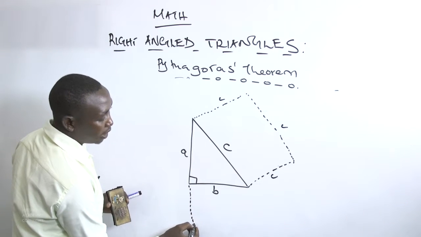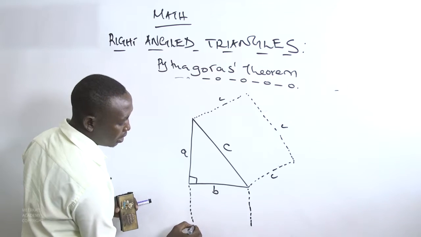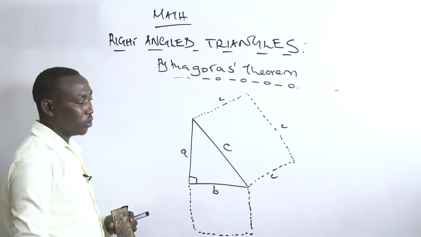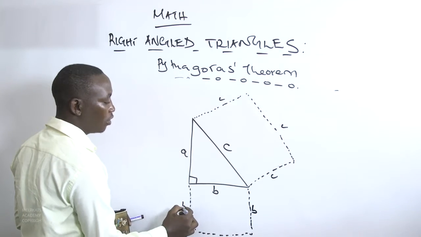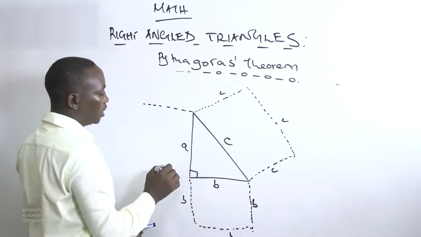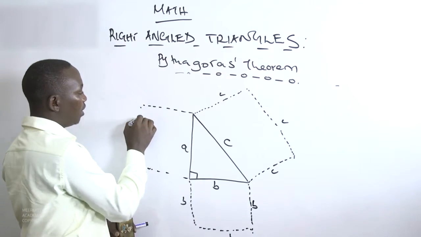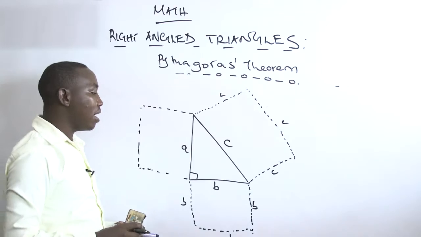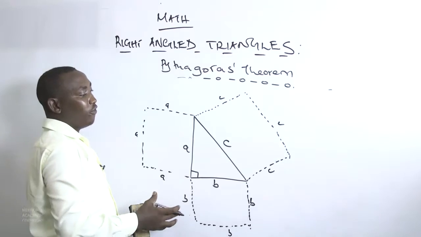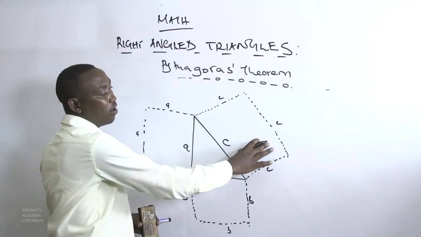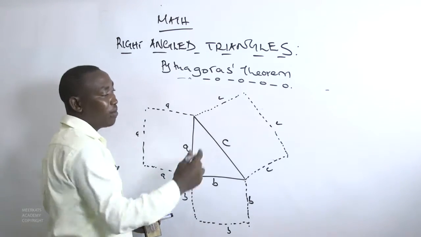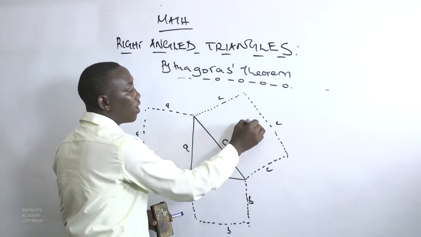Again, using the base, we can generate another square, and because one of the sides is B, then all the other sides are also going to be B. Again, on the height or the other shorter side, we can develop another square of side A. Now, the area of the square on C is side multiplied by side, which gives C squared.